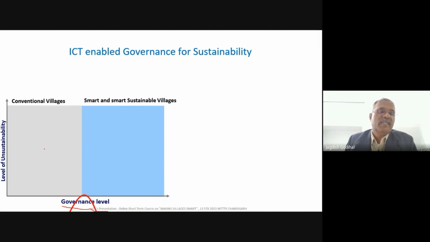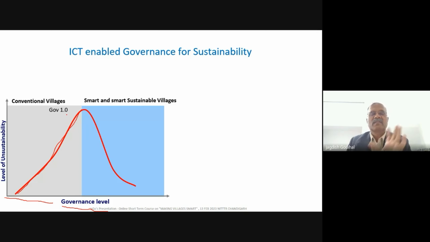Then ultimately I'm going to have a curve. At governance level one, the village panchayat is taking care of everything.